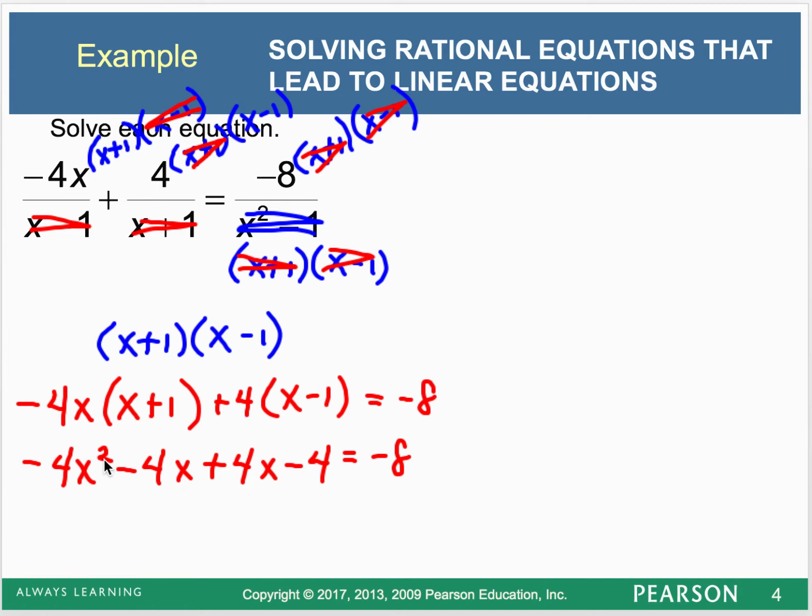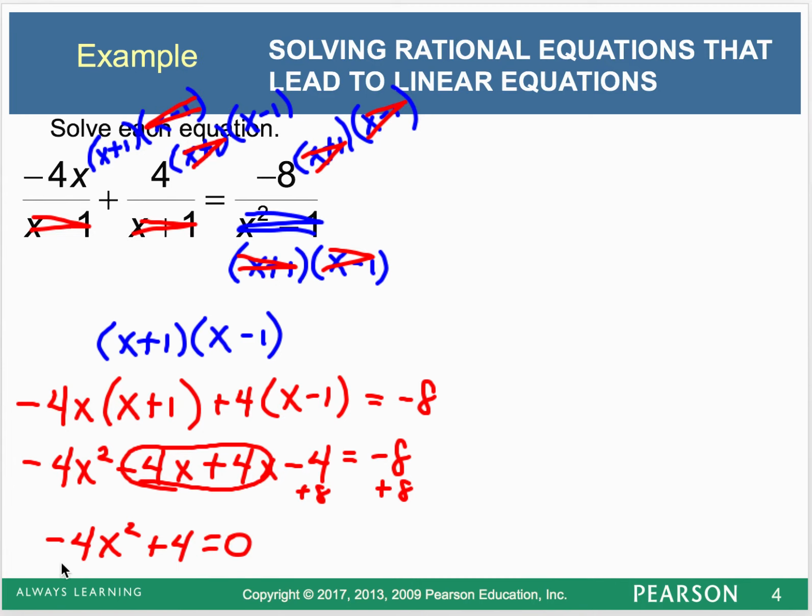It's quadratic again, so I'm going to set it to 0 and try to factor it. Oh, look right here, negative 4x plus 4x. Okay, so if I add 8 to both sides, I get negative 4x squared plus 4 equals 0.